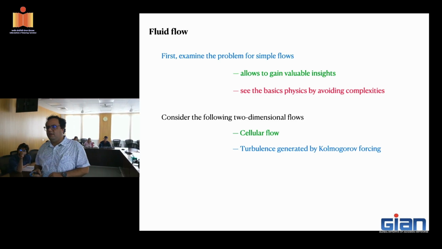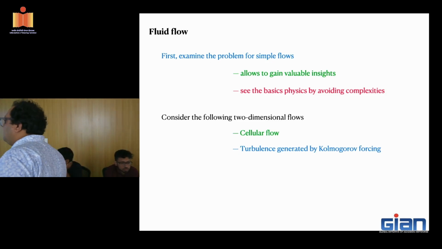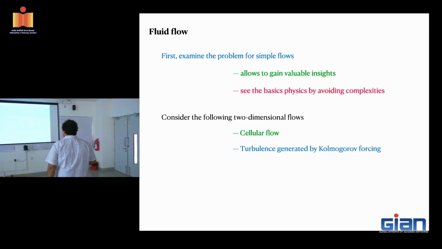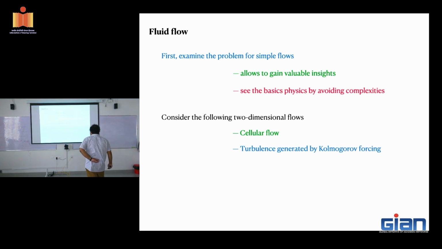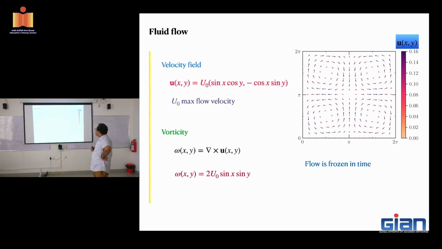And if they start worrying about bacteria and phytoplankton, they will go crazy. So I will consider two two-dimensional flows: cellular flow and turbulence generated by Kolmogorov forcing, the Kolmogorov flow, but I will only restrict myself to cellular flow.